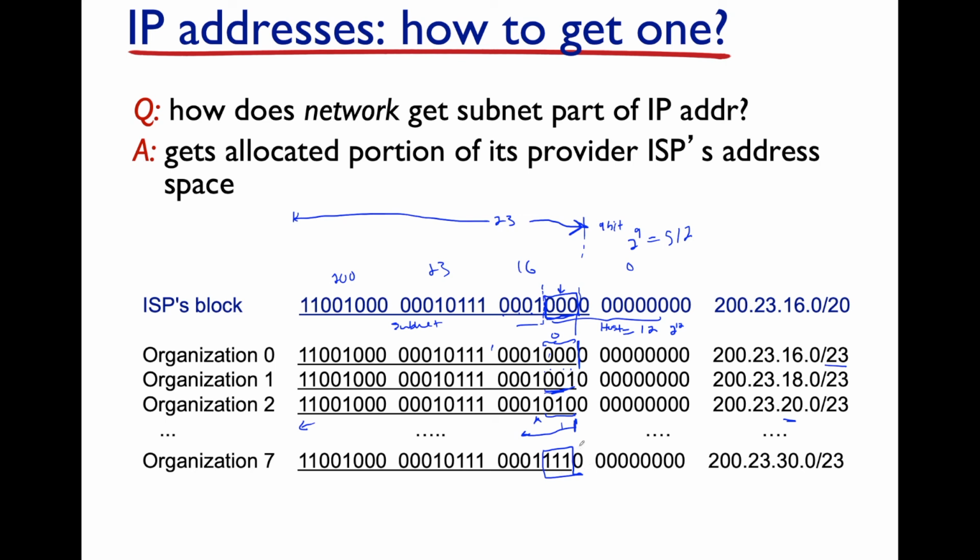We have 1, 2, 2 plus 4 is 6, 6 plus 8 is 14, 14 plus 16, that's 30, right? So that would be 200.23.30.0 subnet mask 23. So our subnet mask covers the uppermost bits here, 23 bits, going from left to right.